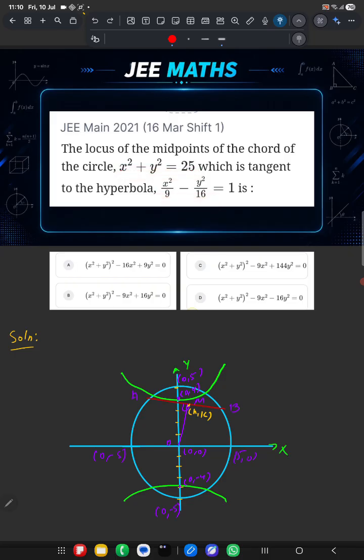The collection of all those midpoints of such chords will follow a certain path that you have to choose. What will be the path of those midpoints of the chords of the circle x squared plus y squared equal to 25, which are tangent to this hyperbola x squared upon 9 minus y squared upon 16 equal to 1?